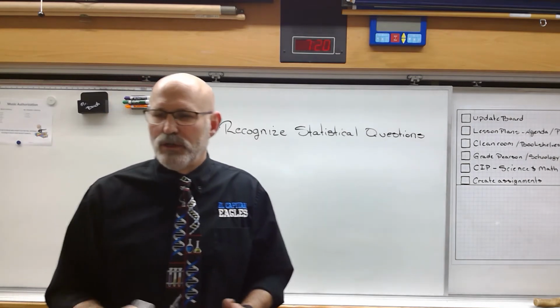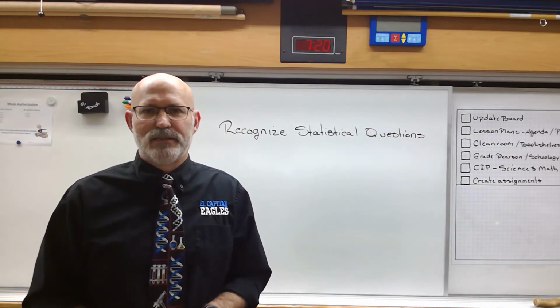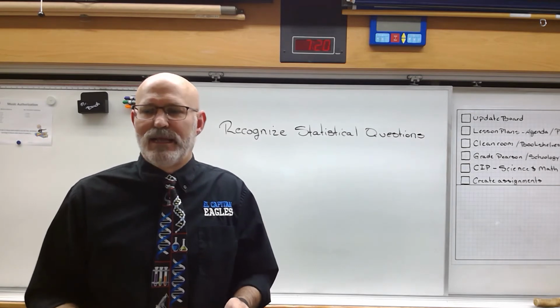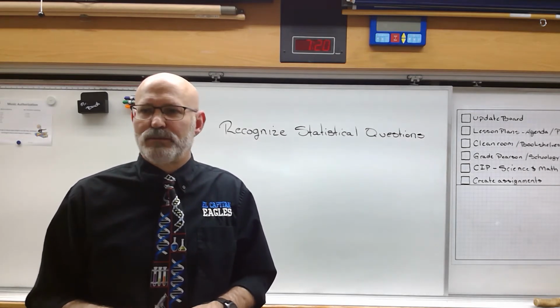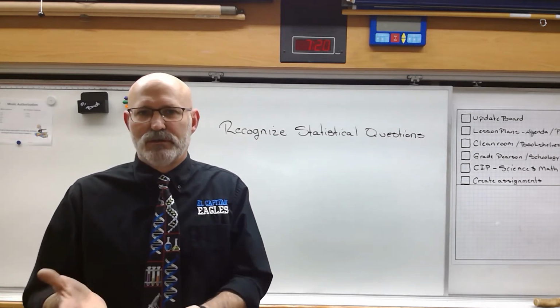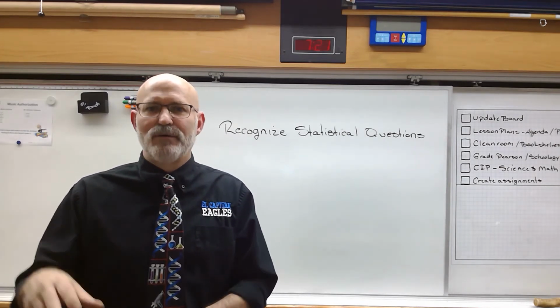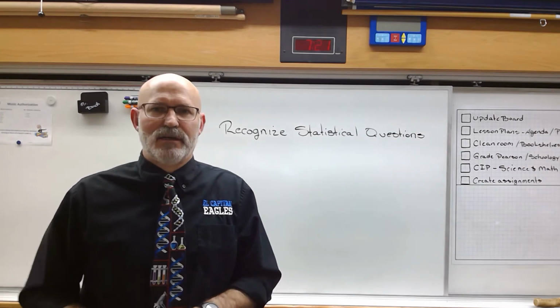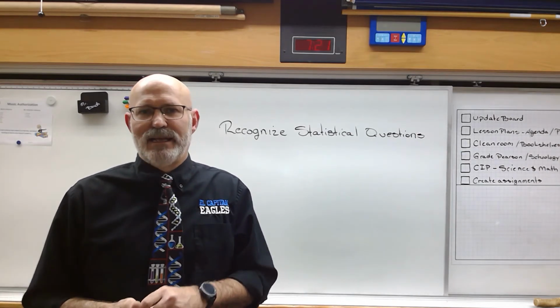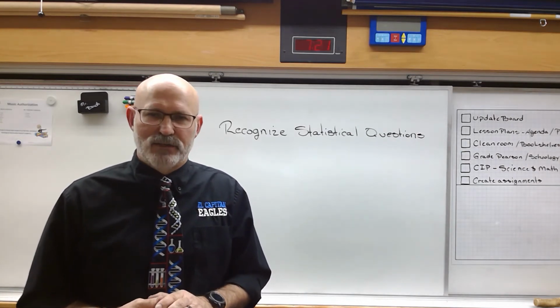If I were to ask one student what their height is, and that was it, then that wouldn't be a statistical question because there's only one answer. The student is such and such a height. But for the entire class, now I can graph that and get a variety of different answers.